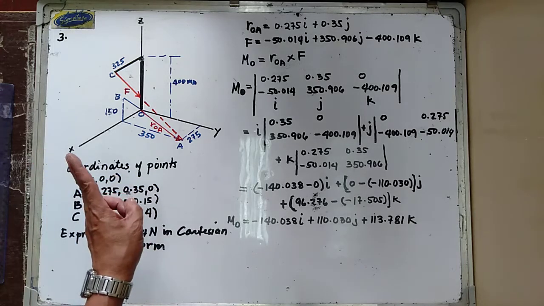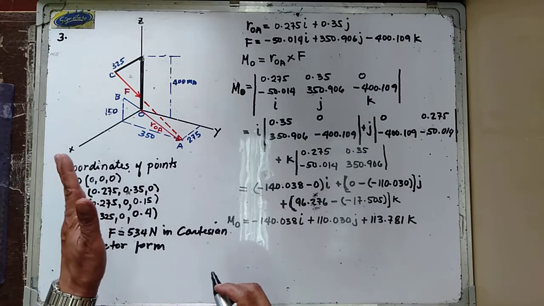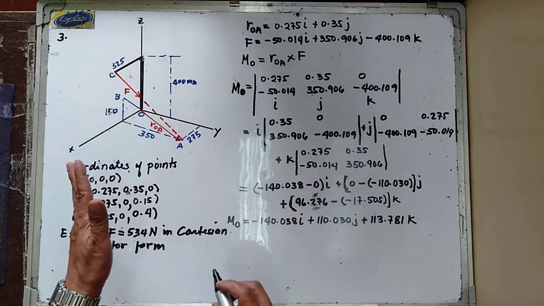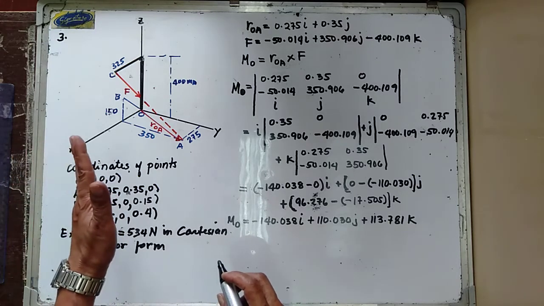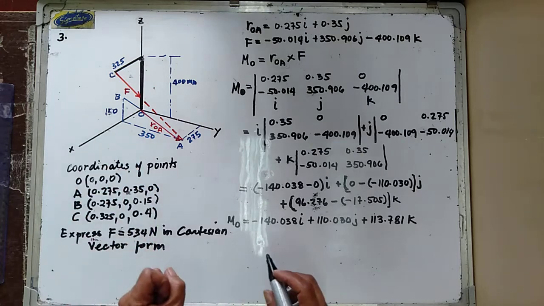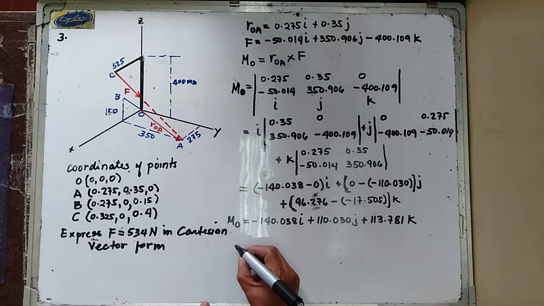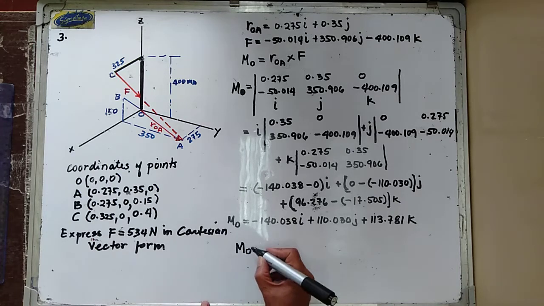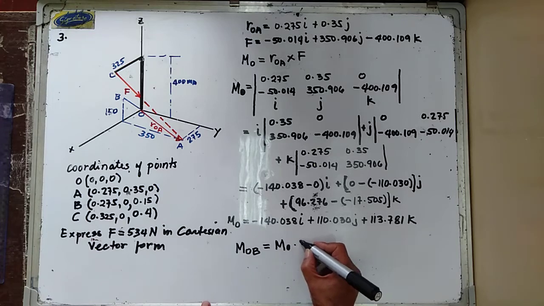Since we are required to determine the moment of this vector about point O, of the moment at point O about line OB, we are now ready to determine the moment about line OB, which is now your MO dot a unit vector OB.